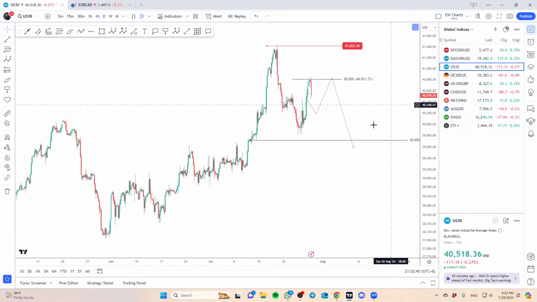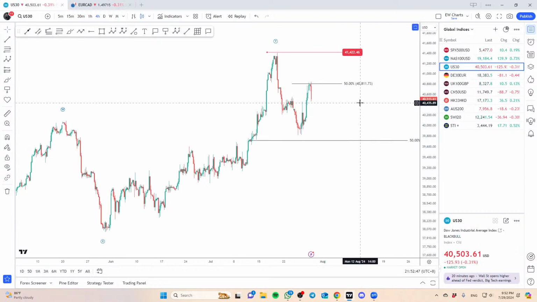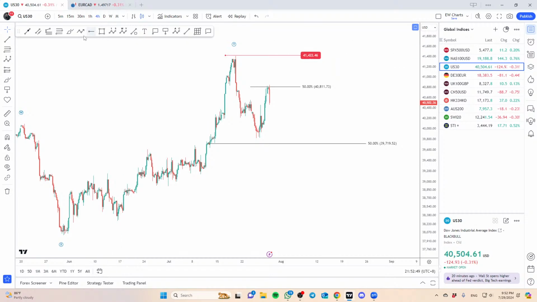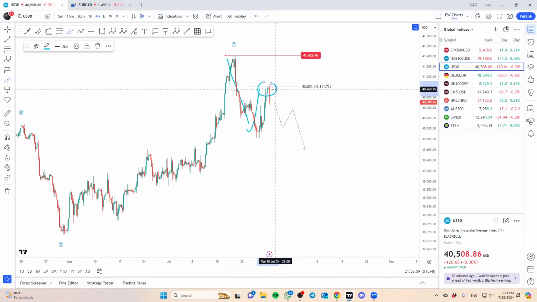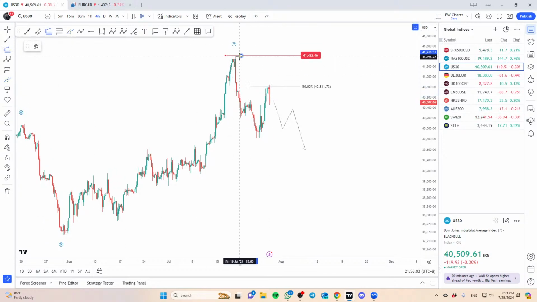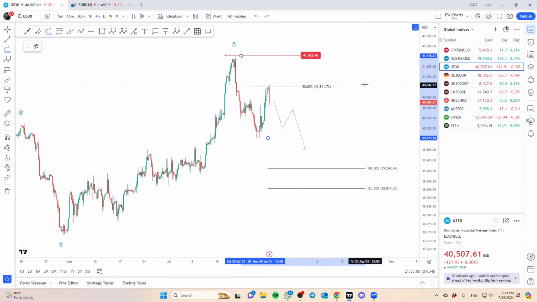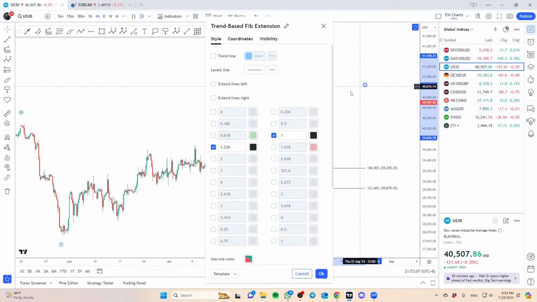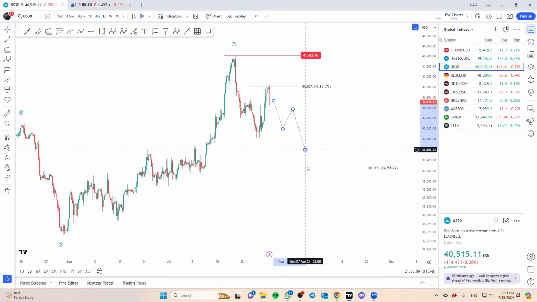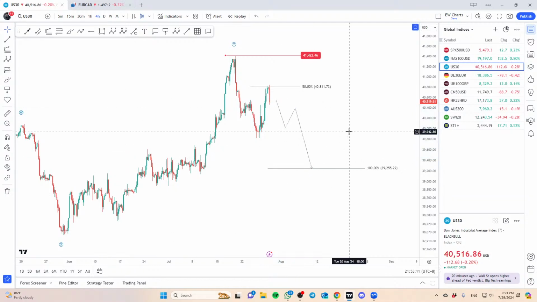The Dow here seems to be a little bit cleaner in terms of how the structure is developing. We have this first leg down, pullback here, retesting the 50%, seems to be rejecting off that as well. There's a good possibility we're going to see a simple 3-wave.